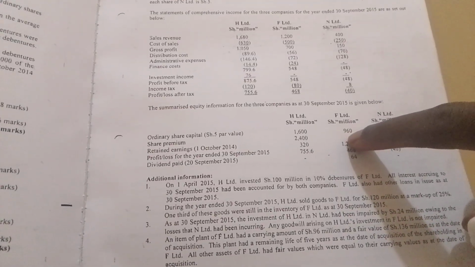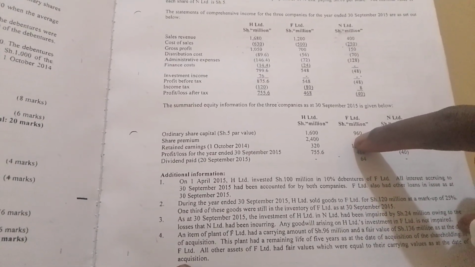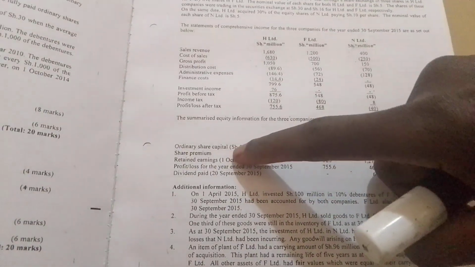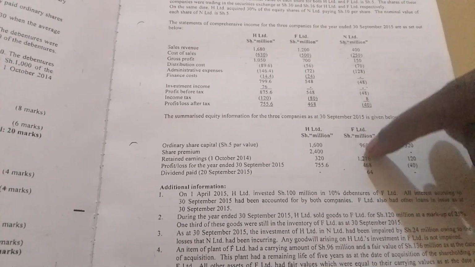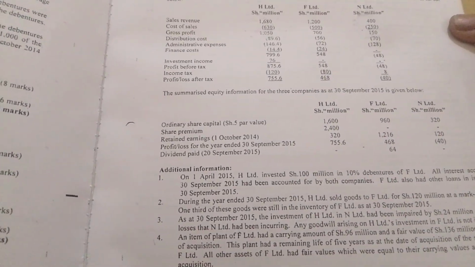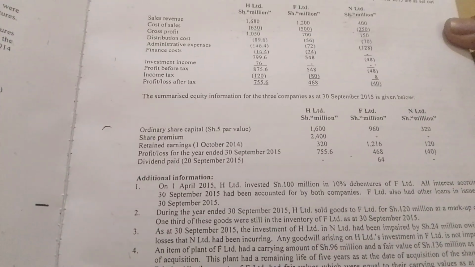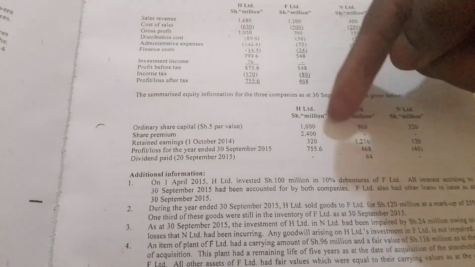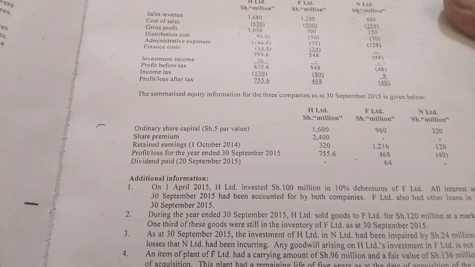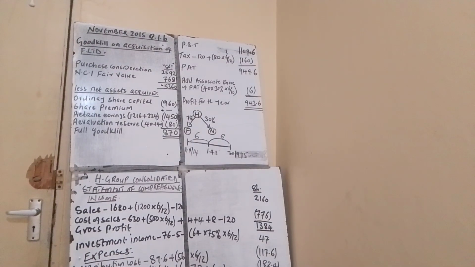F has shares worth 960 million, and each share has a par value of shillings 5. So how many shares do we have? 960 divided by 5, we get 192 shares. Now the 192 shares, you take 75% of that, and you get 144 shares.